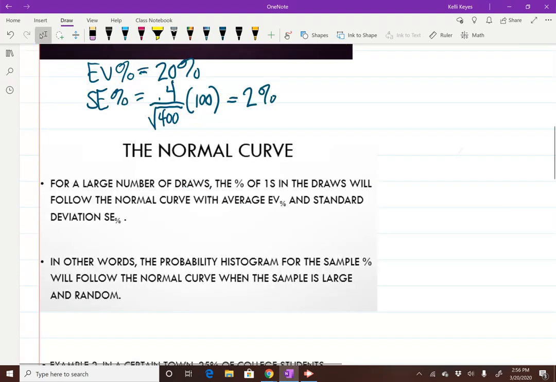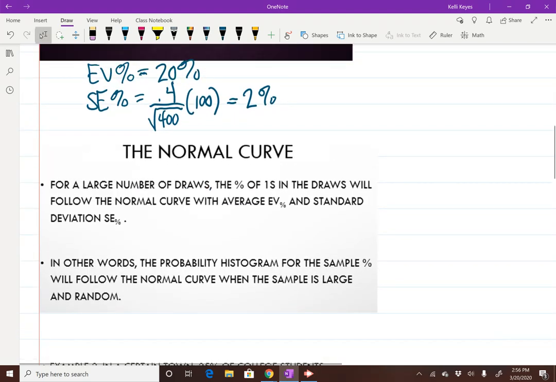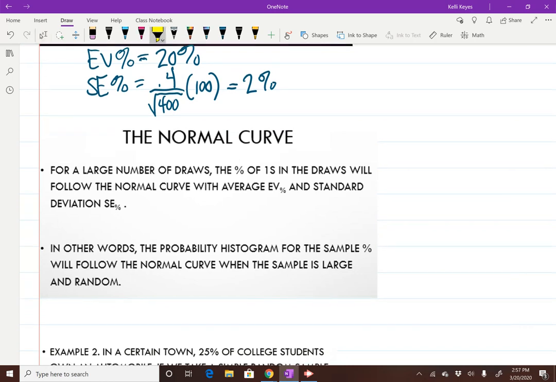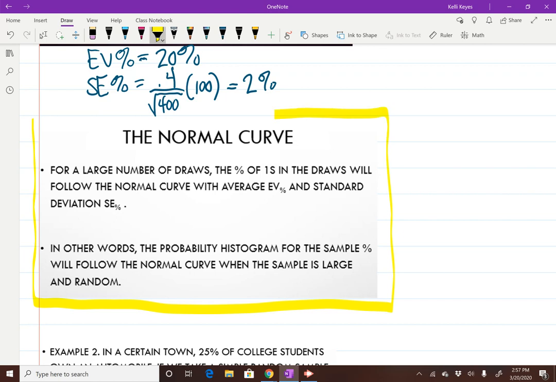So now, just some important information: when we have a large number of draws, I'm going to use this highlighter, the percent of ones in the draws will follow the normal curve. And the average of this curve will be the EV percent, and the standard deviation will match the SE percent.